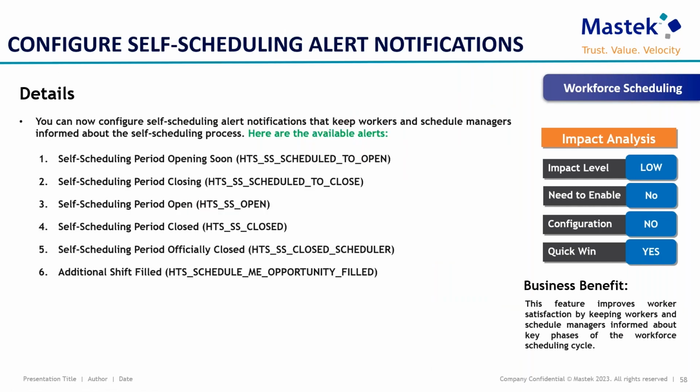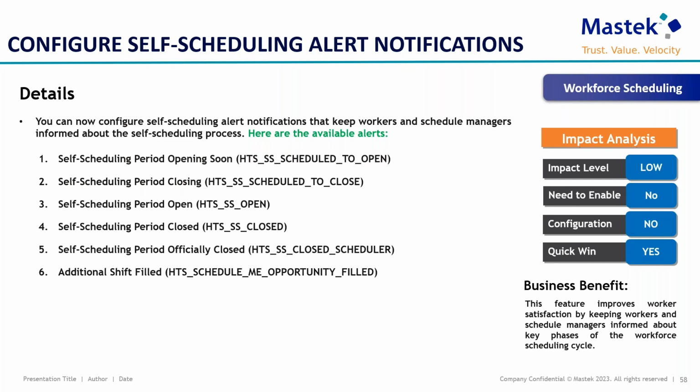The next feature is related to configuring self-scheduling alert notifications. Oracle has introduced 6 new alerts just for self-scheduling of shifts. The very first alert is self-scheduling period opening soon. So whenever a period is about to open, the employee can receive a notification.